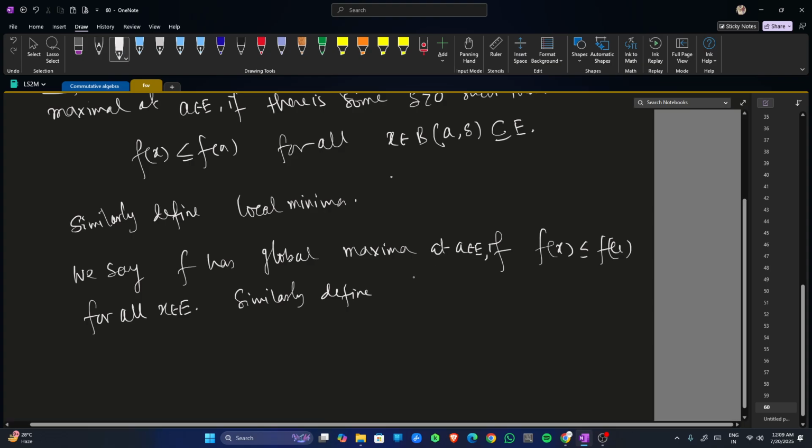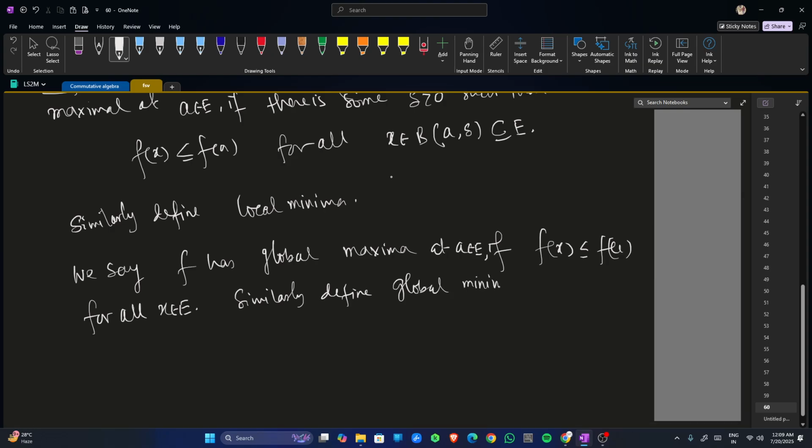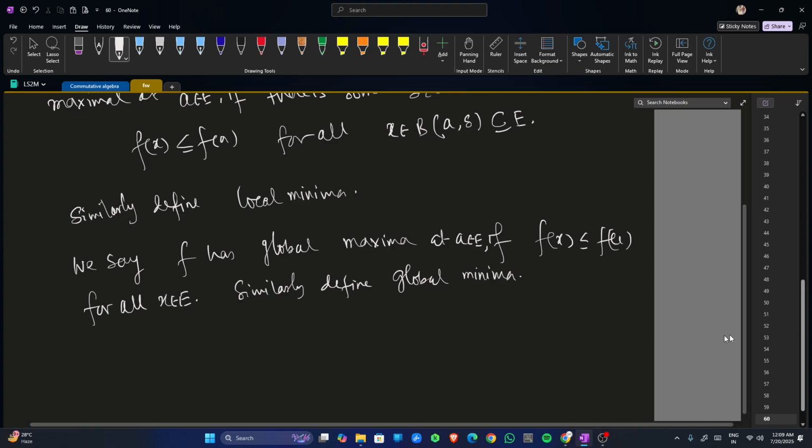The definition should be almost similar.